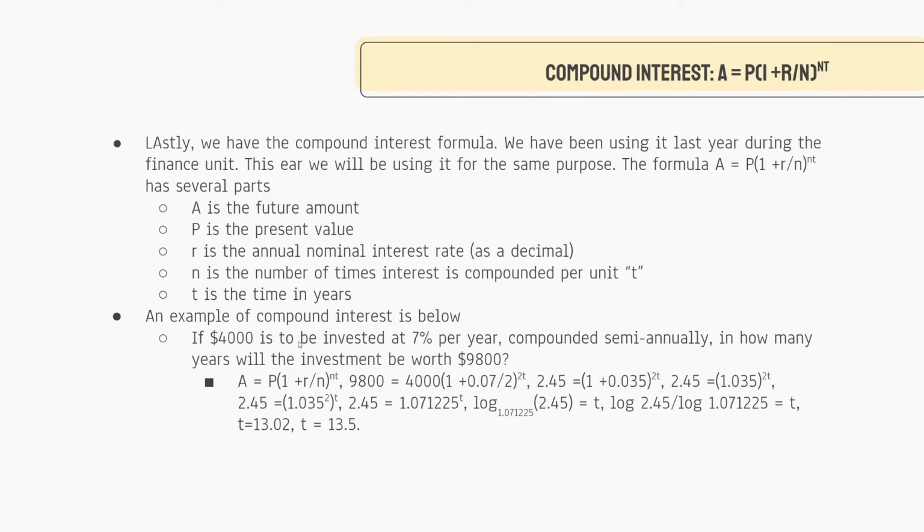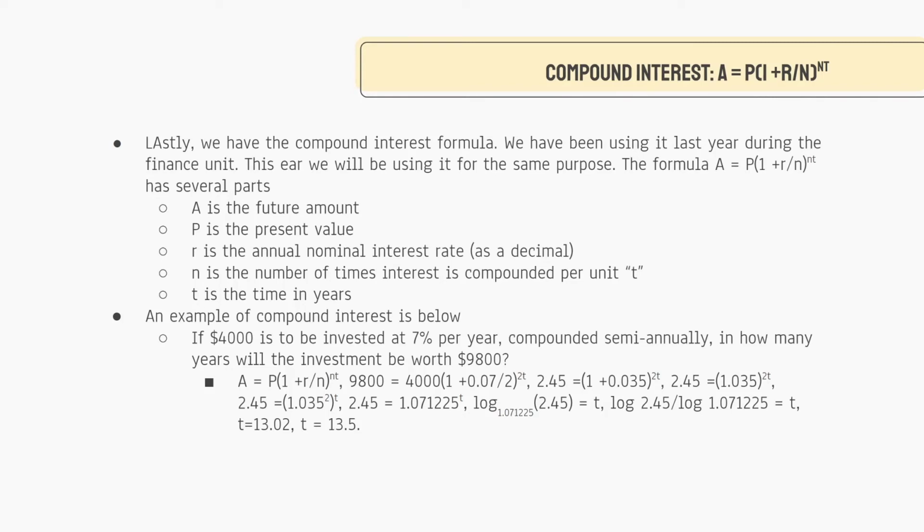We know that our initial value or present value was $4,000. We know that our interest rate is 7% per year. So 7% in decimal form would be 0.07. Then it is compounded semi-annually.